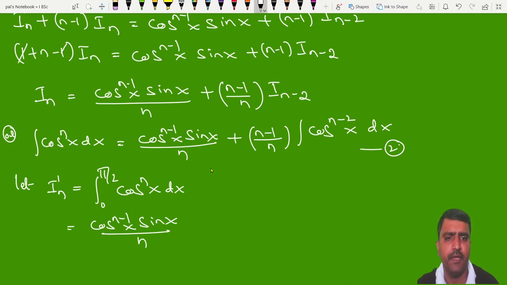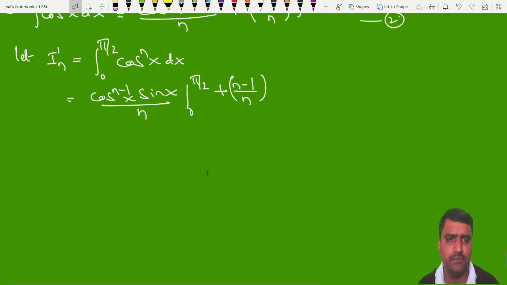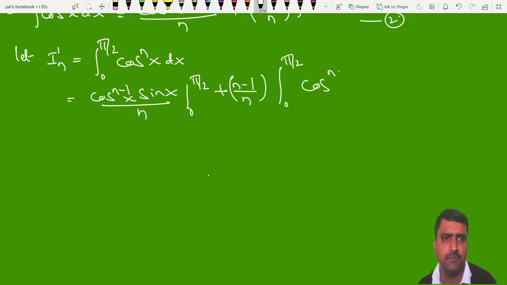So write the same value and apply the limit 0 to pi by 2, plus (n minus 1) by n into integration from 0 to pi by 2 of cos to the power n minus 2 x dx.